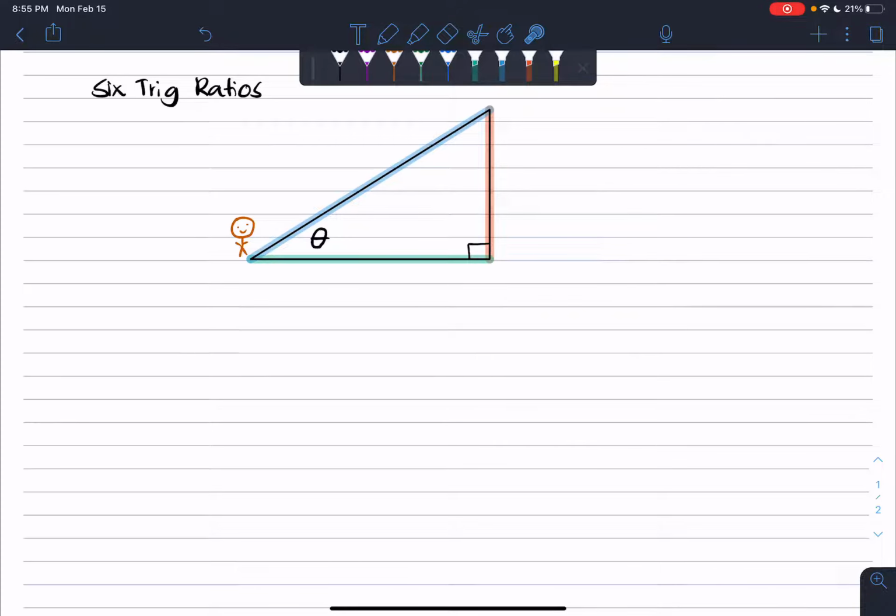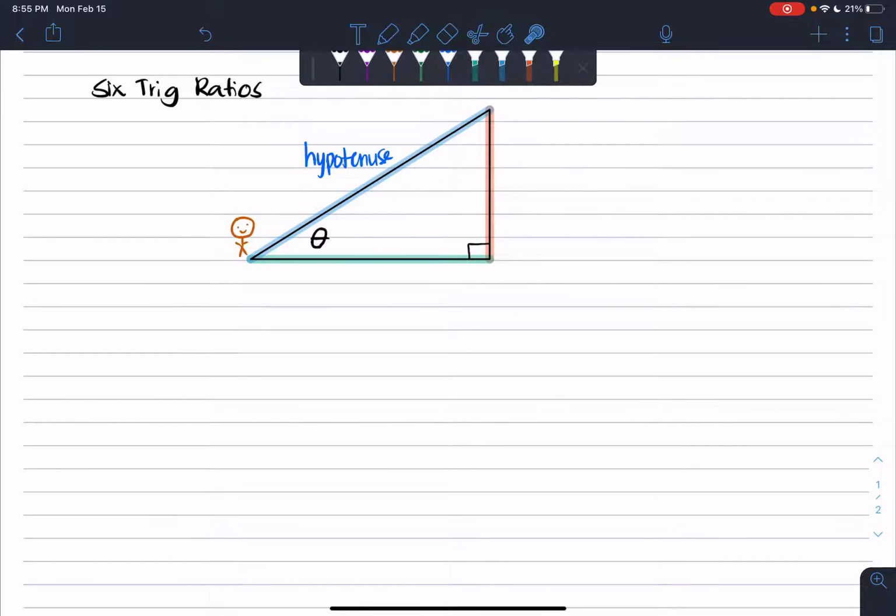All right, now once we do that, we went ahead and identified each side. Of course, the hypotenuse is always across from the right angle. And now with the opposite side, again, it's the side that is opposite to where we are standing.